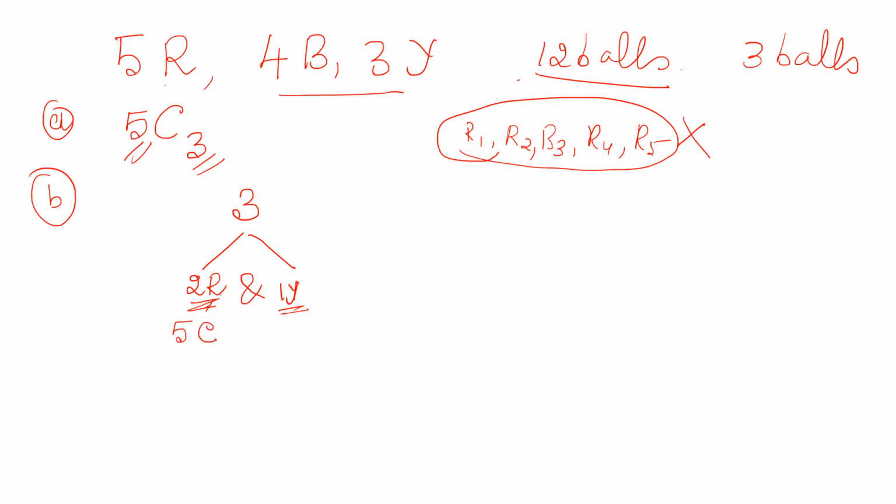From this, how many am I going to pick? Only 2. And how many yellow balls are there? 3 yellow balls. How many am I going to take from that? 1. I asked you to remember, and means multiplication, or means addition. So 5C2 into 3C1. This is the answer. Understood? And third part.